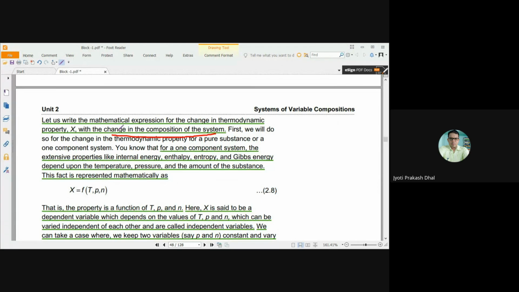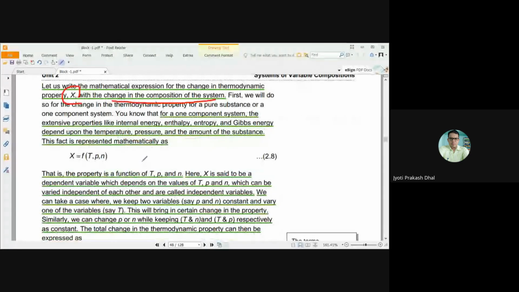So let us write the mathematical expression for the change of thermodynamic properties like V, U, H, A or G. Generally that is represented as X with change in composition of the system. Already two independent thermodynamic variables were there, temperature and pressure. For a multi-component system, another variable arises, that is the composition.